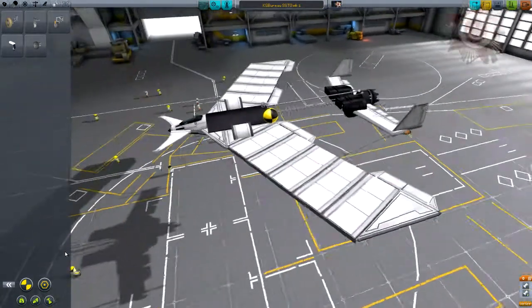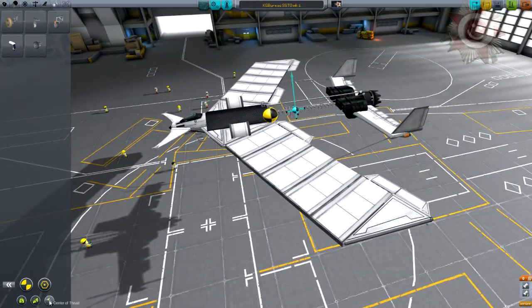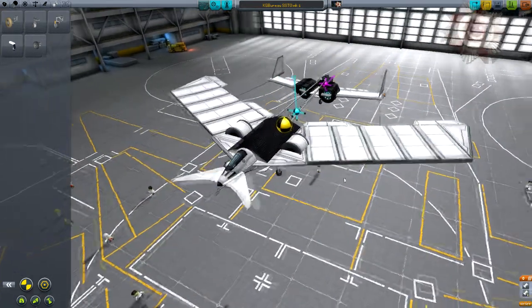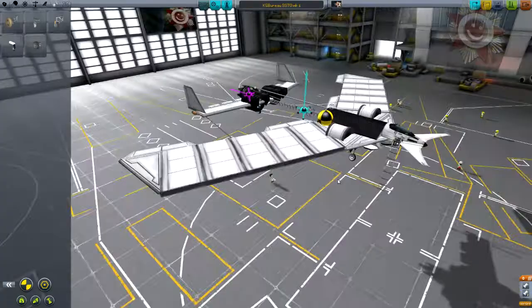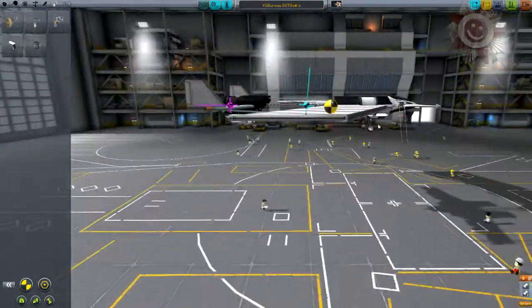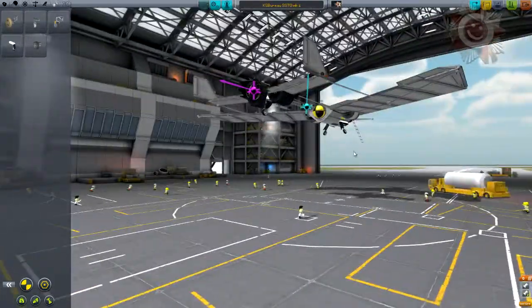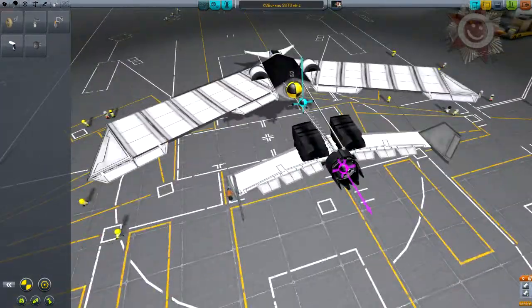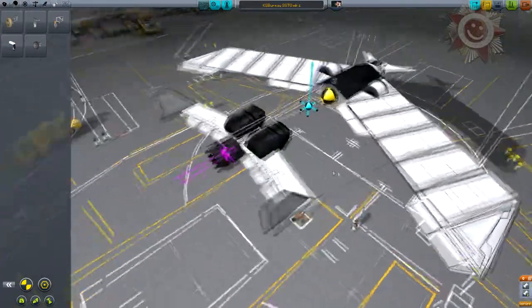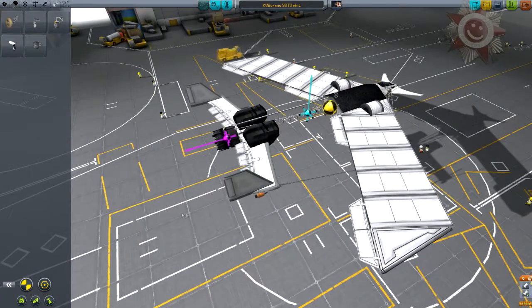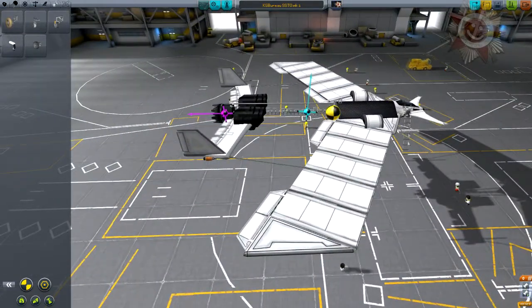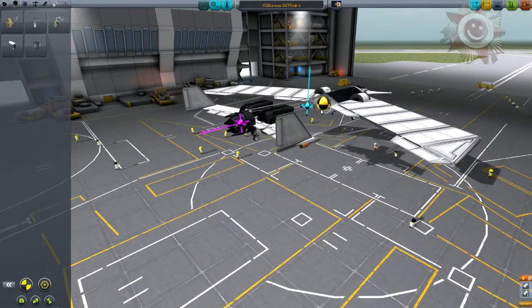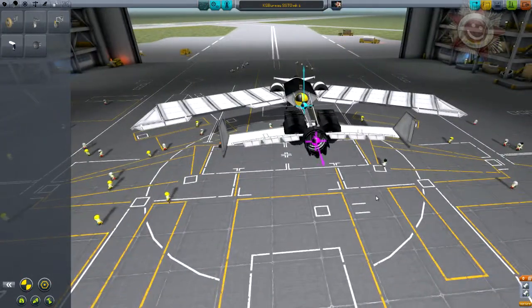We have all these like we want them to. We have fuel, we have fuel lines, action groups, engine, wings, ladder, and electricity. Yes.